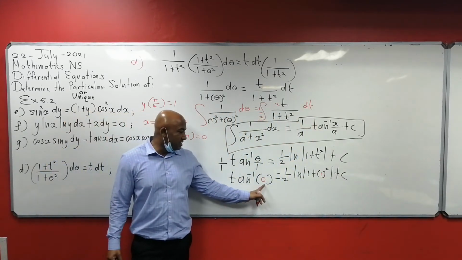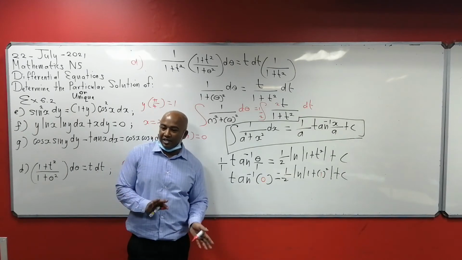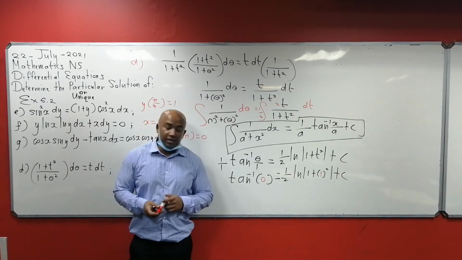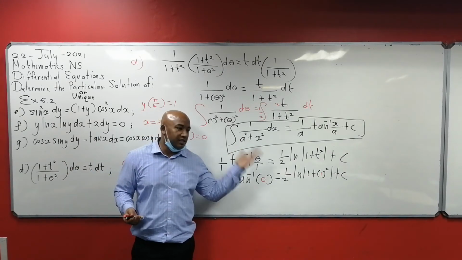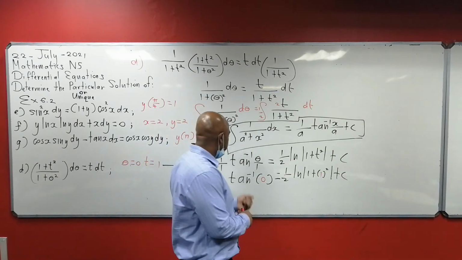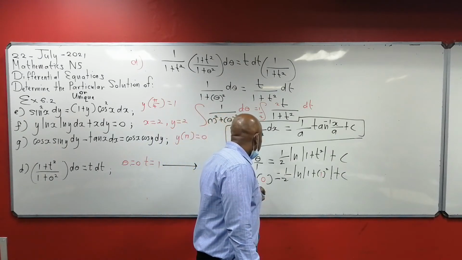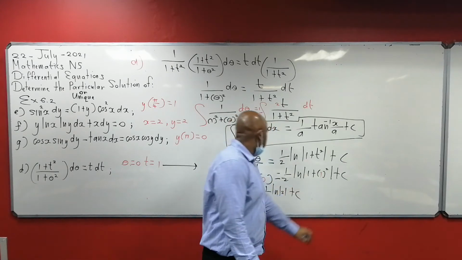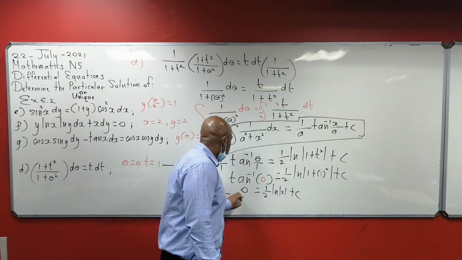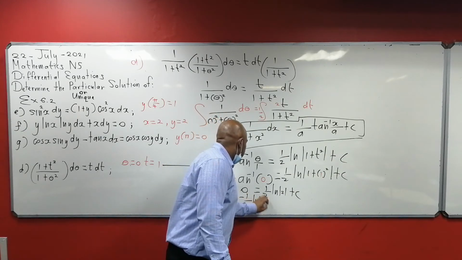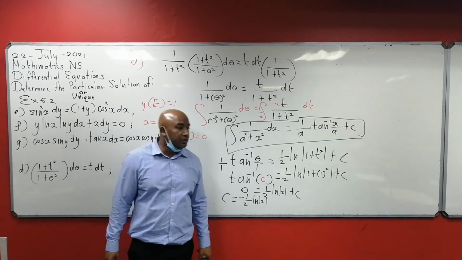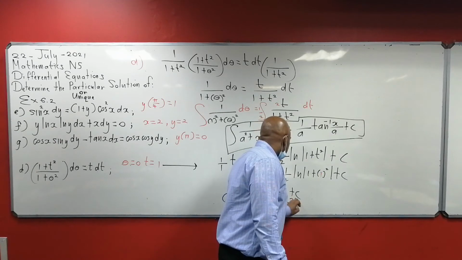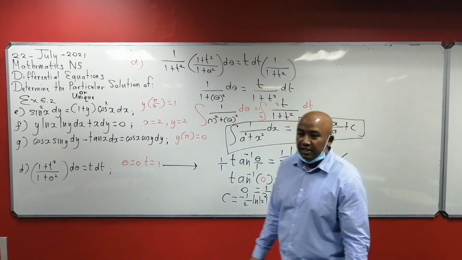Since this is just a 0 here, it doesn't matter whether your calculator is in degrees or radians, because inverse tan of 0 is still 0. And here we got half ln 2 plus c. So basically c is equal to minus 1 over 2 ln 2, which is equal to 0.347. So that is the value of c.